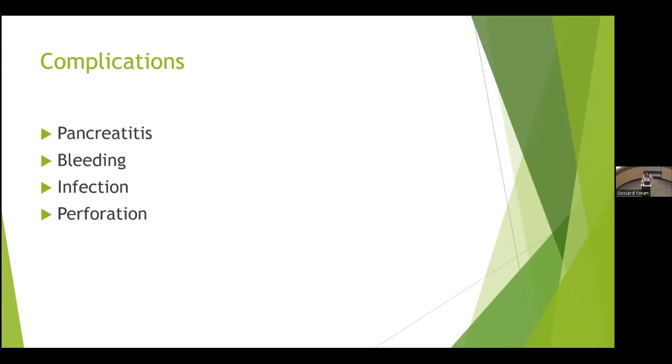So the 4 most common ERCP related complications are pancreatitis or inflammation of the pancreas or surrounding structures, bleeding, which typically occurs within the GI tract as a result of performing a sphincterotomy, or less common can be a result of scope trauma, infection, which is largely due to introducing a foreign object into the GI tract, going up into the ducts, which are obviously very small, and then perforation, which can occur from any of the instruments we use during our procedure, but most commonly the scope causing a perf.